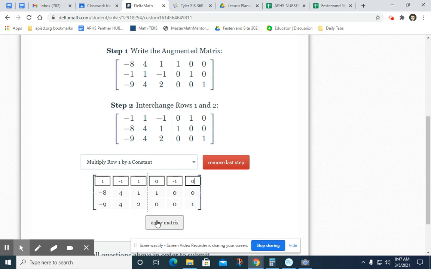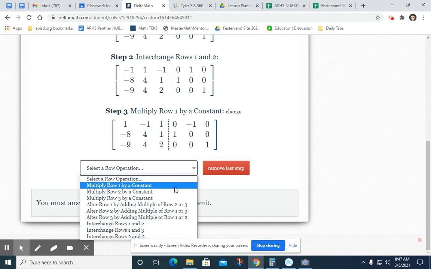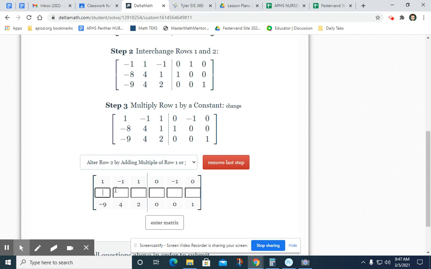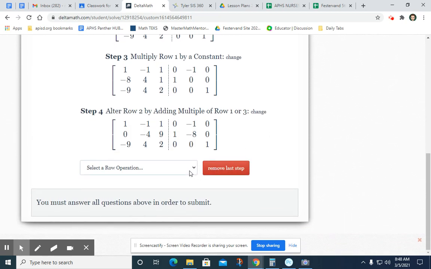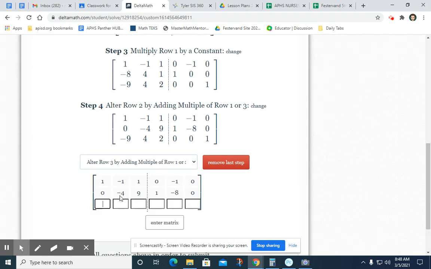Wait, say that again? What did you do? I multiplied row 1 by a constant. And then the next thing that I did was I altered row 2, and I got 0, -4, 9, 1, -8, 0. And then I altered row 3, which gave me 0, -5, 11, 0, -9, and 1.